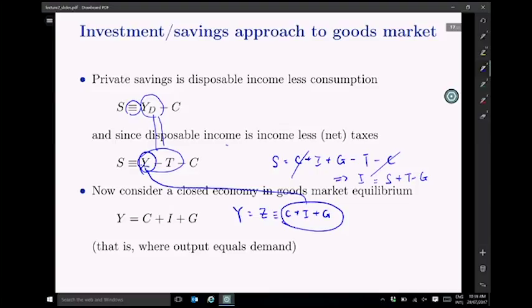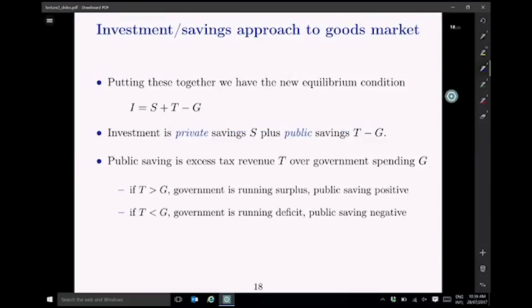That's why we argue that these are like two sides of one coin. It says that the other way to put the goods market equilibrium condition is where investment equals saving. In particular, saving is the sum of private saving, this S, and public saving, T minus G. Why is T minus G called public saving? Because both taxes and government spending are described by fiscal policy.